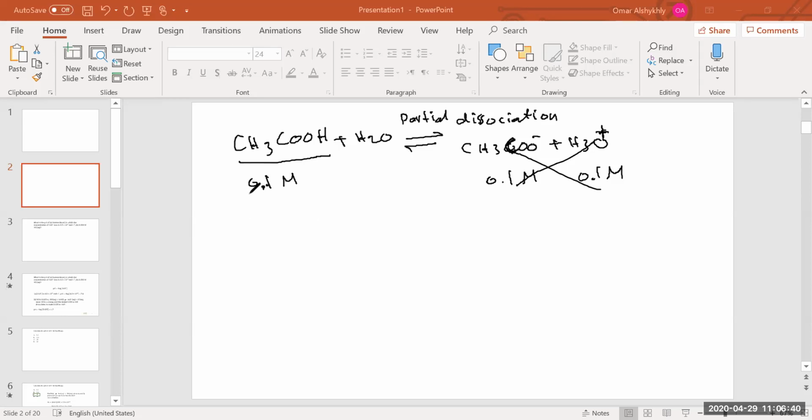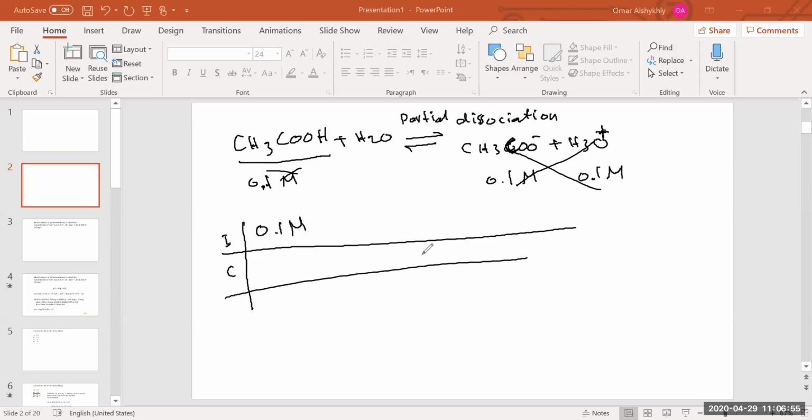So what are you going to do in this situation? If I have 0.1 molar here, we need to use, for example, the ICE table. Here the initial, here the change, and the equilibrium. So here 0.1, water we don't care about. Nothing here, so 0, 0.